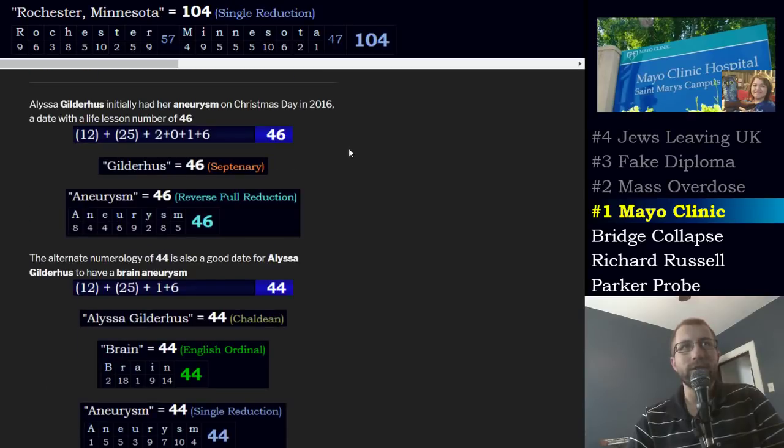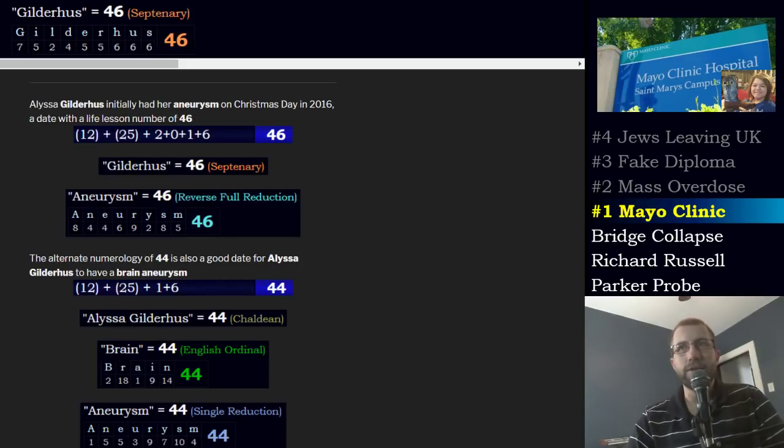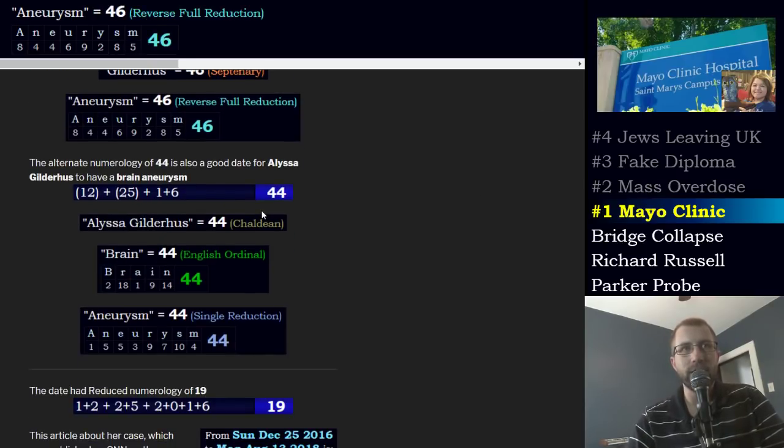Now, there's even more to this story, right? Like, just look at the life lesson number of that date that she had the brain aneurysm. It was 46. The name Gilderhus sums to 46 septenary. But, of course, more interesting is that aneurysm equals 46 in reverse reduction.